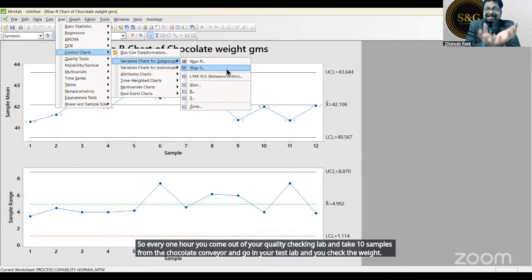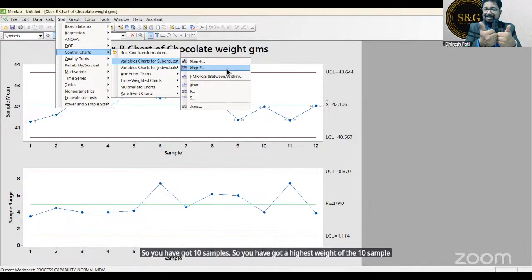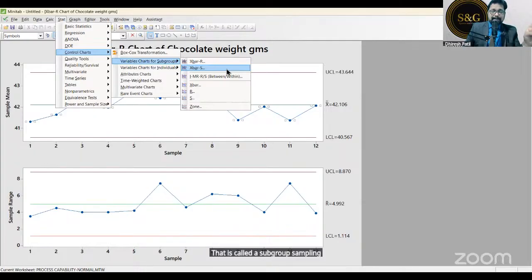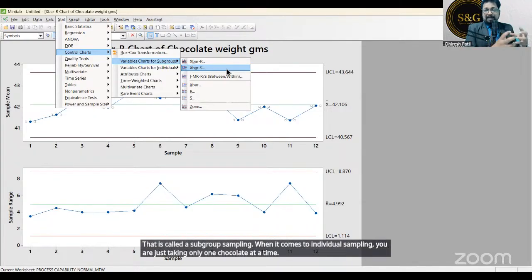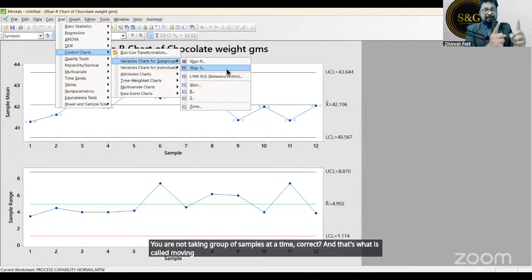So you have got 10 samples, a highest weight of the 10 samples, a lowest weight of the 10 samples. That is called subgroup sampling. When it comes to individual sampling, you are taking only one chocolate at a time, not a group of samples. Correct? And that's what is called moving range. MR is considered for the individual data points and not for this. Clear?